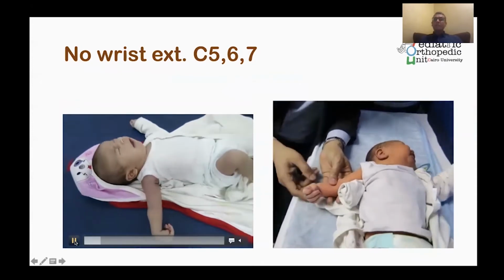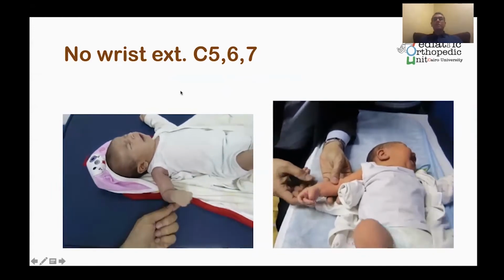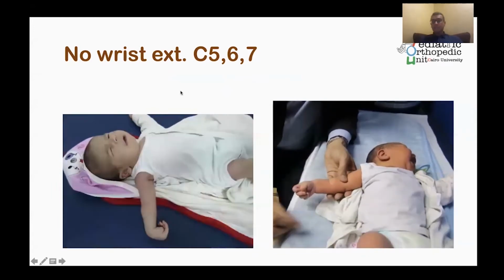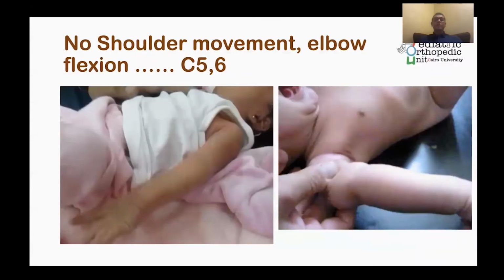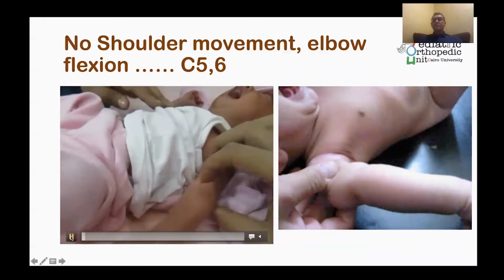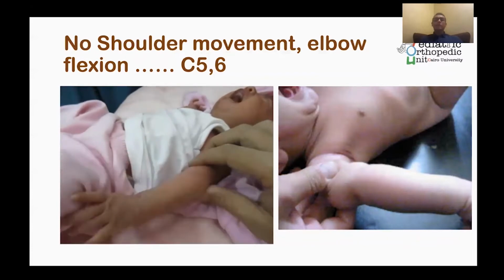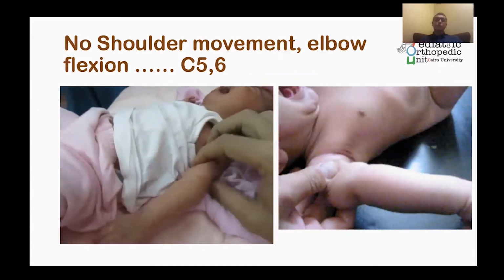If there is no active extension of the wrist, this is extended partial injury, C5-6-7. If there is good extension of the wrist, then we look at the shoulder and the elbow. If there is no movement of the shoulder and the elbow, then this is a partial brachial plexus palsy that affects the C5-6 roots only.